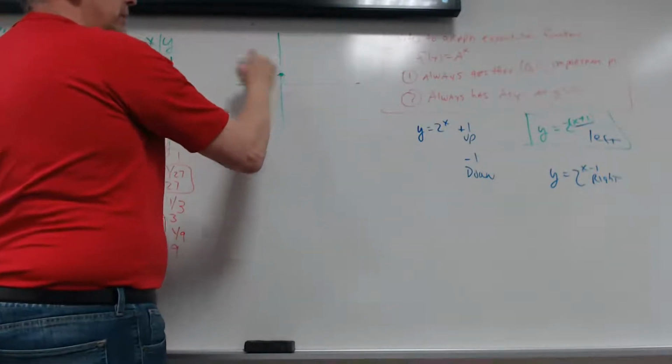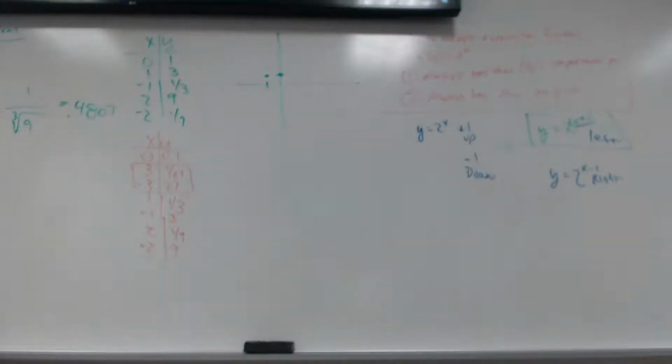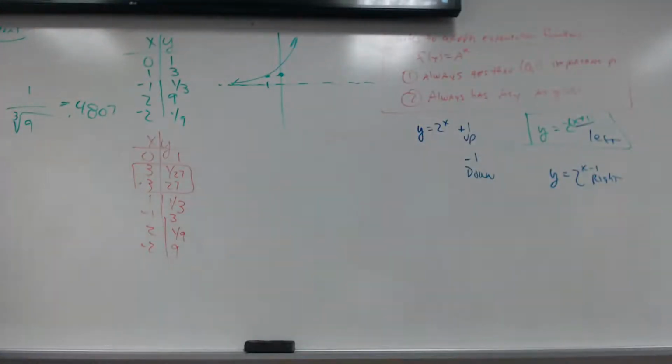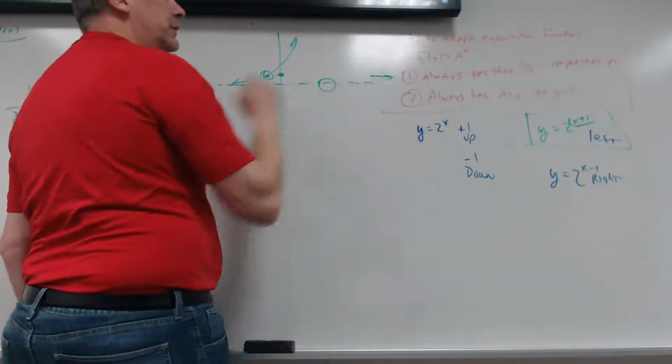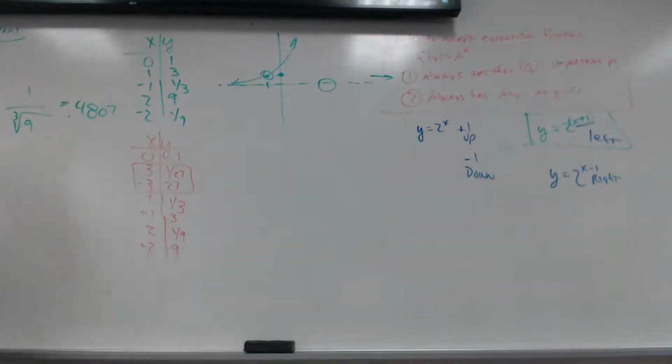So now it's going to be here, right? What happens to my asymptote? It also moves to the left, but that doesn't really change anything, right? It's still going to be here, okay? And it's going to look like this. Okay? So once again, see the asymptote, see the important point, which is now at negative 1, 1, okay? So we've shifted it, and the shape of the curve. Those are the main 3 things I'm looking at. Okay?